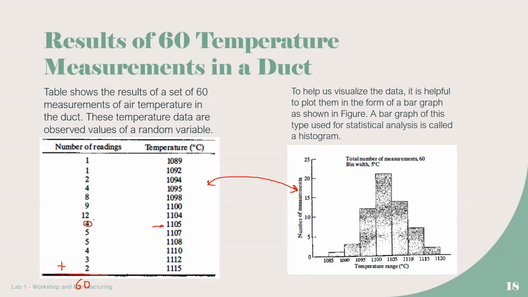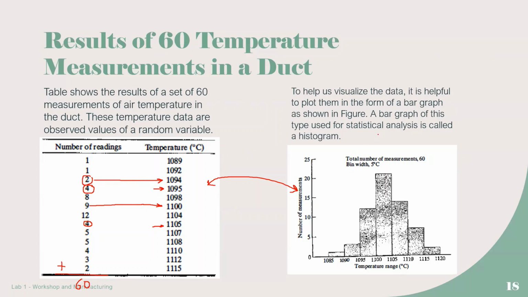And for 1095 Celsius, we have 4 measurements. So that is to say, I made 60 measurements, and 2 of them were 1094 Celsius, and 9 of them were 1120 Celsius. This is how to read this one.